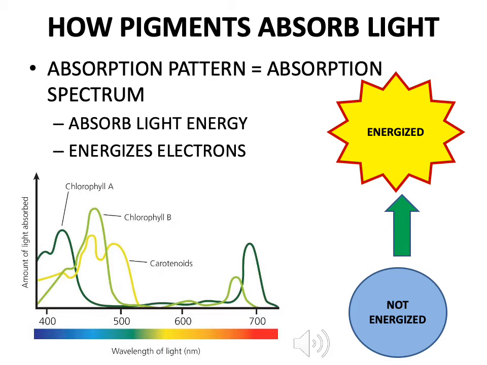But then you notice that the absorption line for chlorophyll A decreases almost to zero as I get to green. And it stays about zero until I get back to the red range on the far right-hand side of the graph, where I get a second peak of absorption.